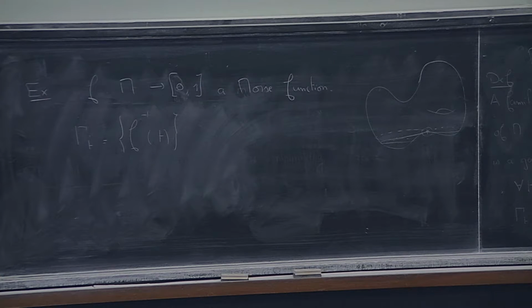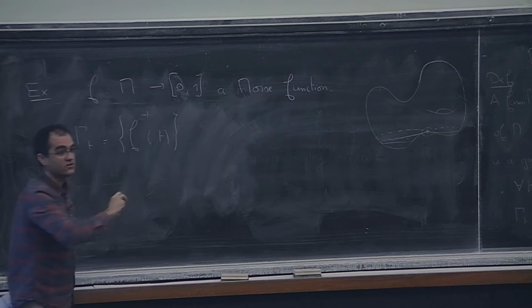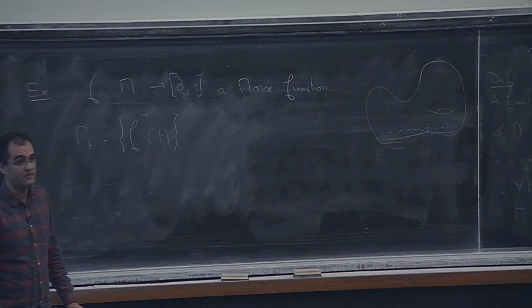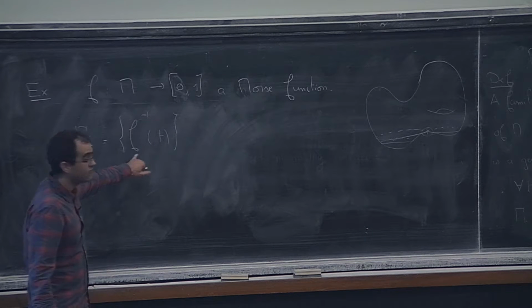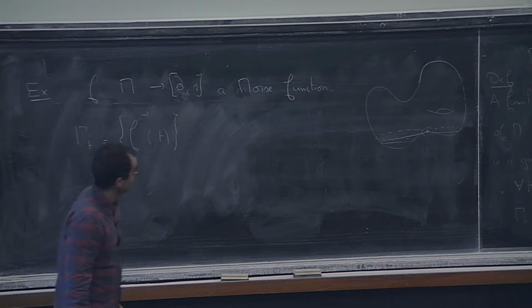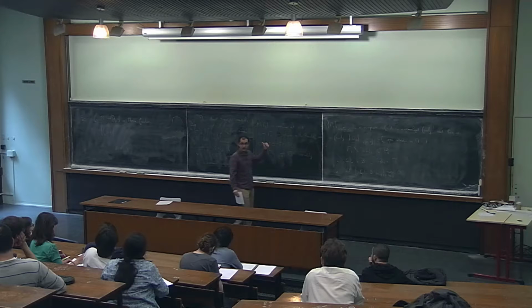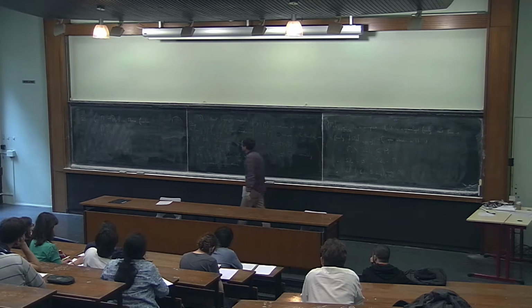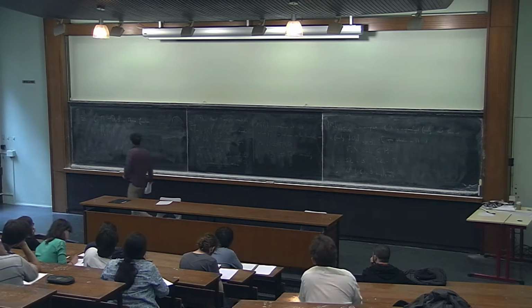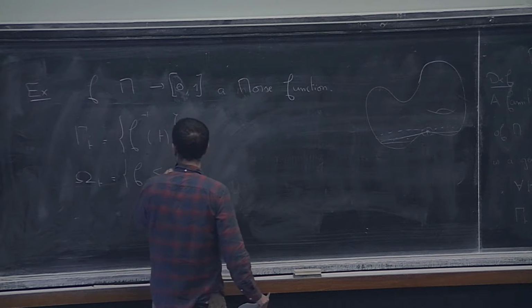So the example. You look at the Morse function on your manifold M. And you look at the level sets of this Morse function. So you see that all this works for that kind of example. And what is omega sub t is just the sublevel of f.